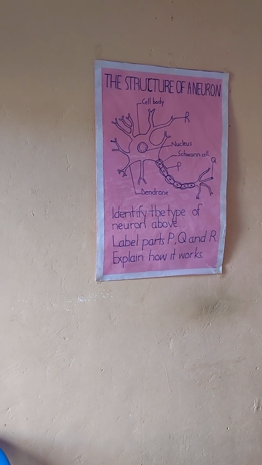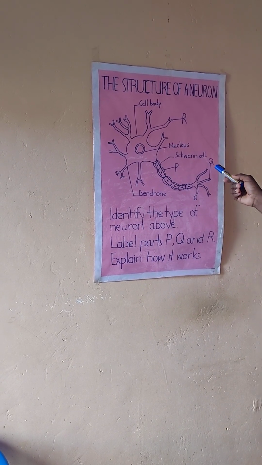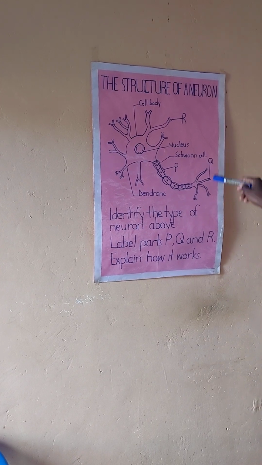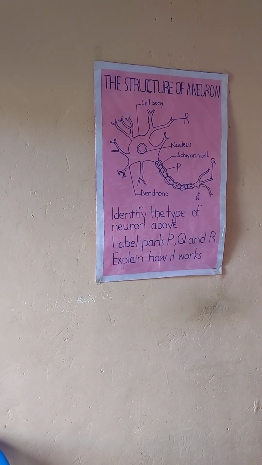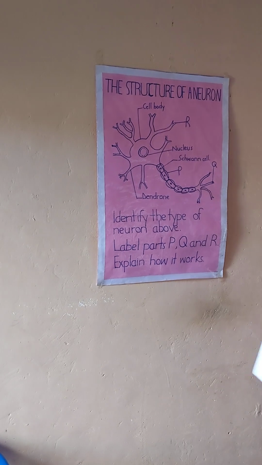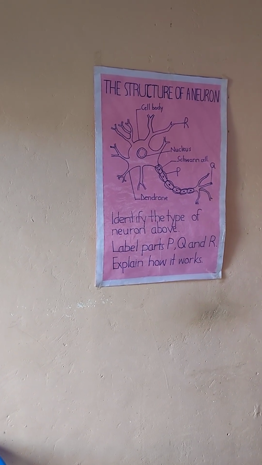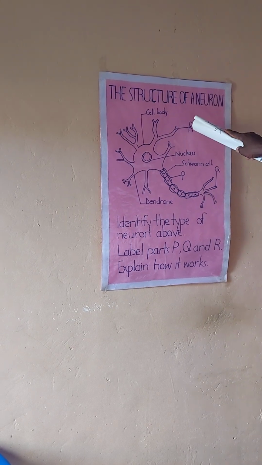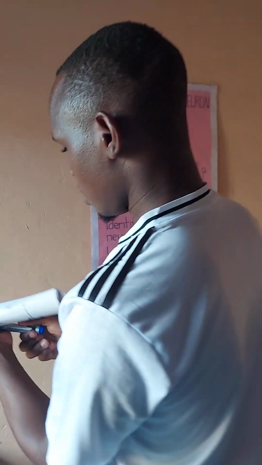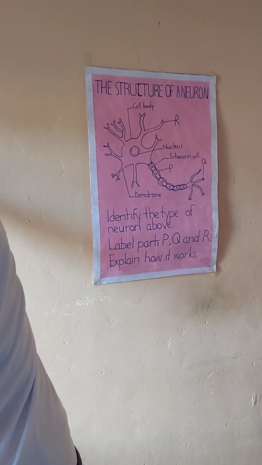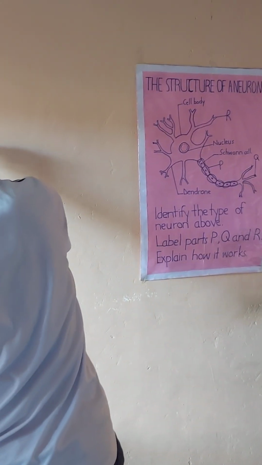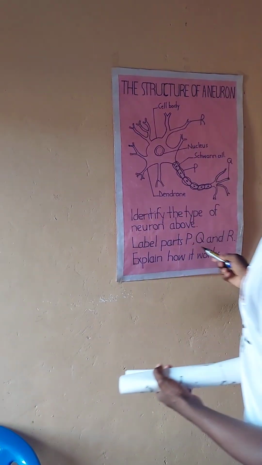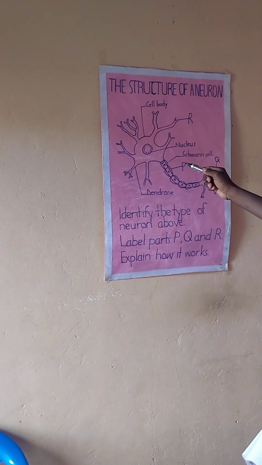We have part R, which is the dendrites. We are having part P, which is the myelin sheath.